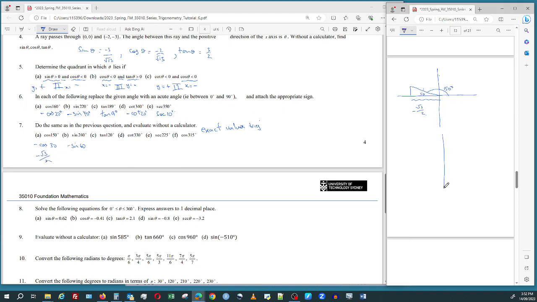For the next one, sine 240. So it's about here. Okay, 240. So that looks like our 60-degree angle, doesn't it? So that's all the way around there.